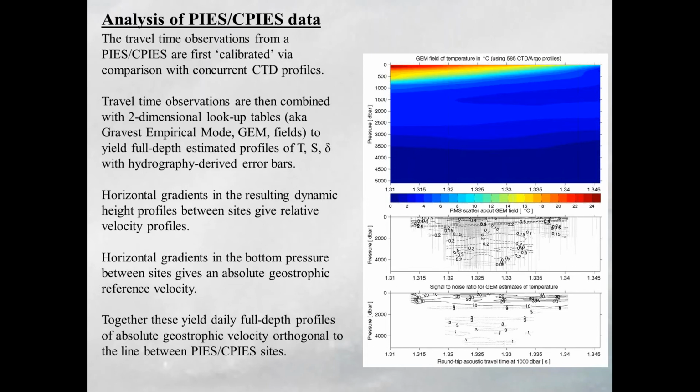And that's actually what you're seeing here. Both as an RMS scatter in degrees C and as a signal to noise ratio between the actual observed signal from the GEM field, this is what we call a GEM field, and the scatter between the original CTDs and the smoothed field. So in general, you can get a pretty good prediction, signal to noise ratios of 10 to 20 to 30 throughout the main thermocline, which is outstanding, and drops down to more like 5 in the mid depths. And then in the deep water, we get fairly low signal to noise ratios.